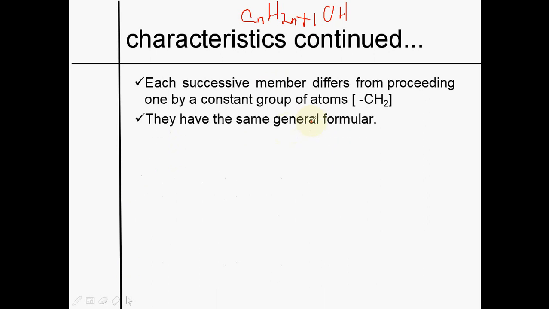The other thing we also have to get here is that all members of a particular homologous series have the same functional group. For as long as we're saying these are alkanes, these are alkenes, we expect them to possess the same functional group.